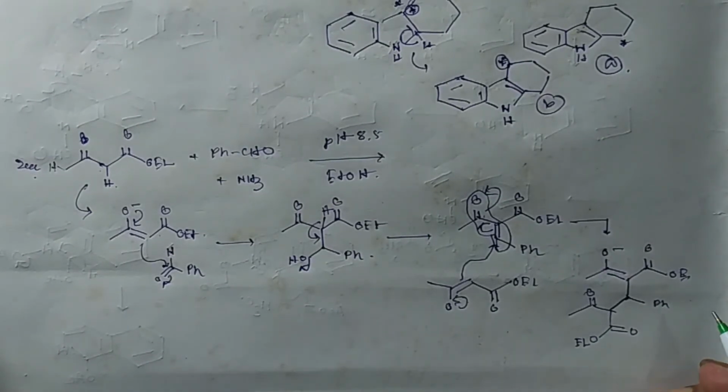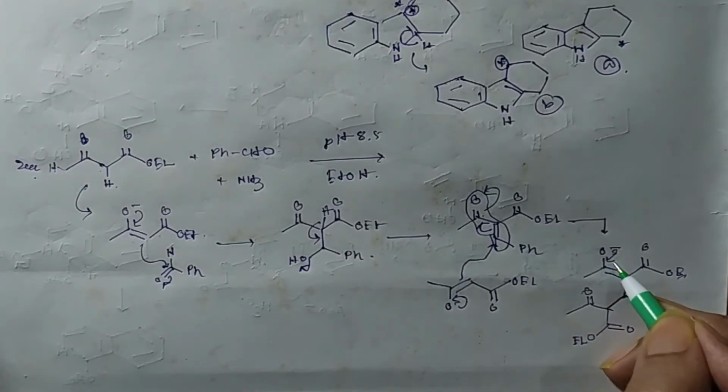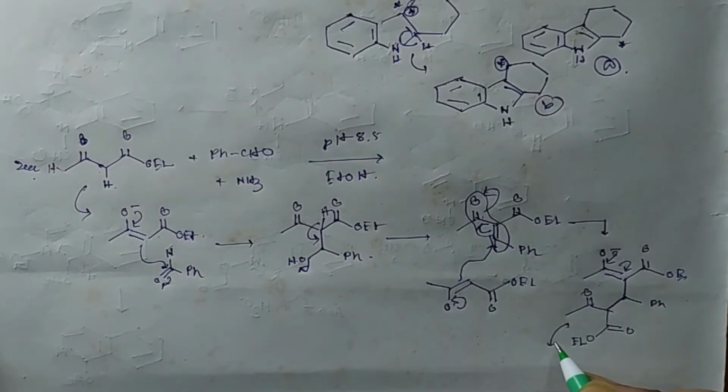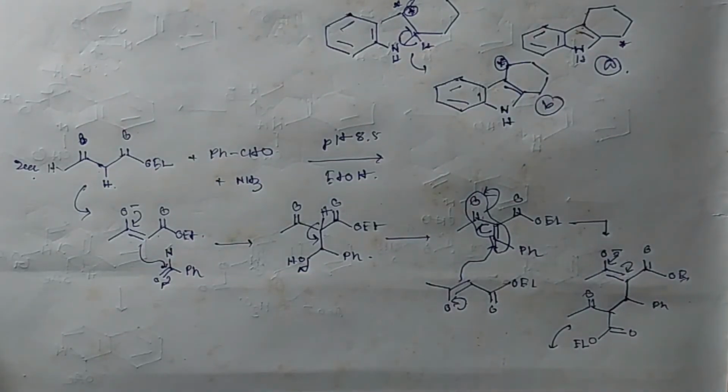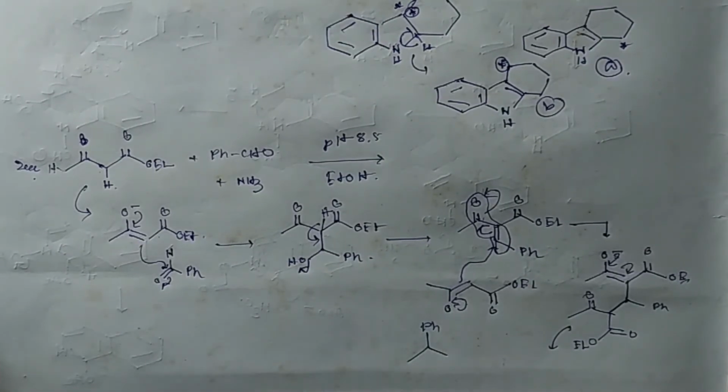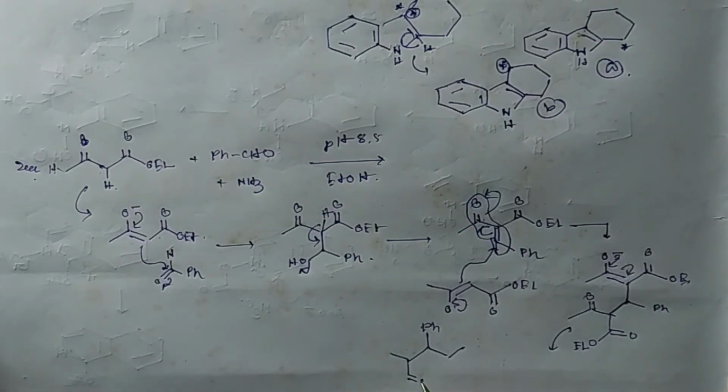So we get this as our product, and now this is tautomerized, and the carbanion will be protonated by the ethanol proton. So I am just rewriting it, so we get this kind of product, if I can just redraw it.